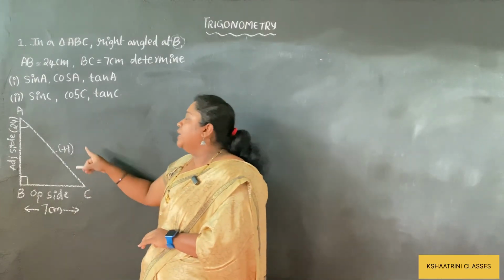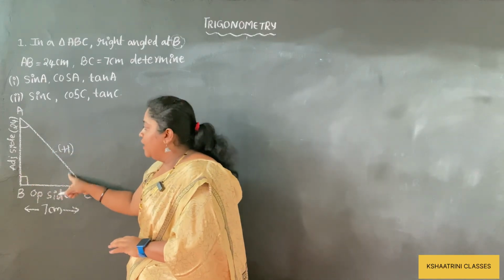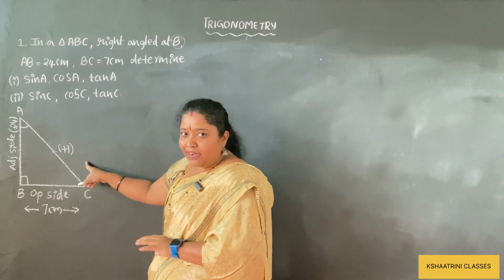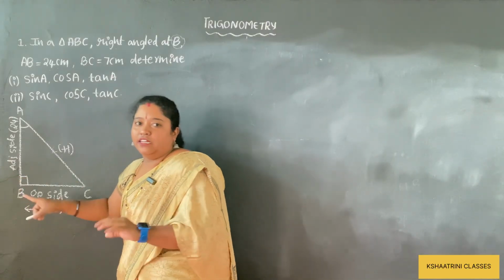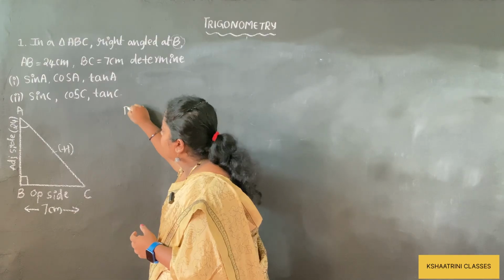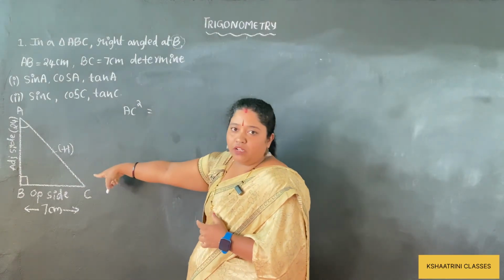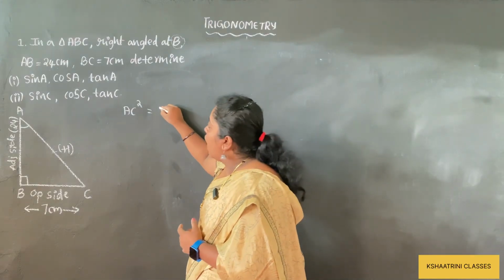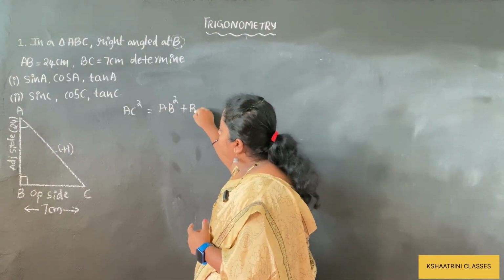And you people know that Pythagoras theorem says that in a right angle triangle, hypotenuse square is equal to the sum of squares of the other two sides. Yes or no? So I'll write here the Pythagoras theorem. AC square. AC means who here? Hypotenuse. Hypotenuse square is equal to AB square plus BC square.